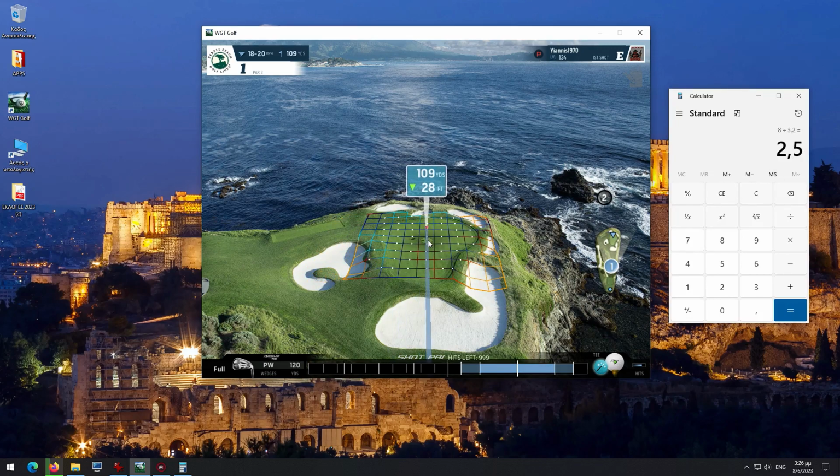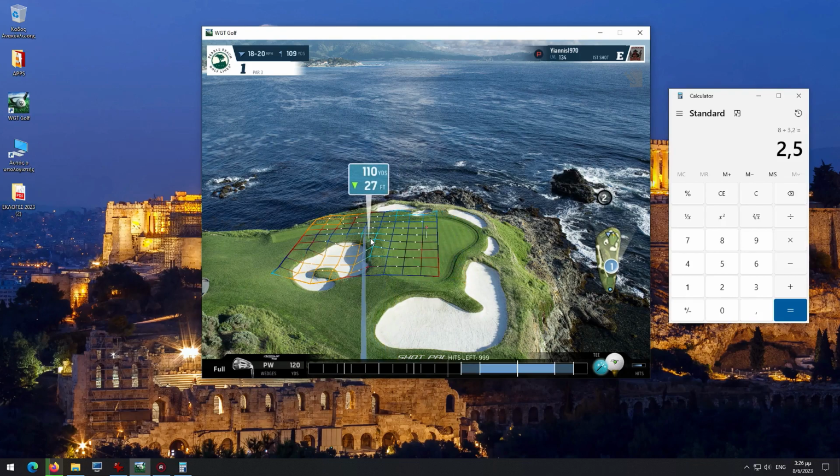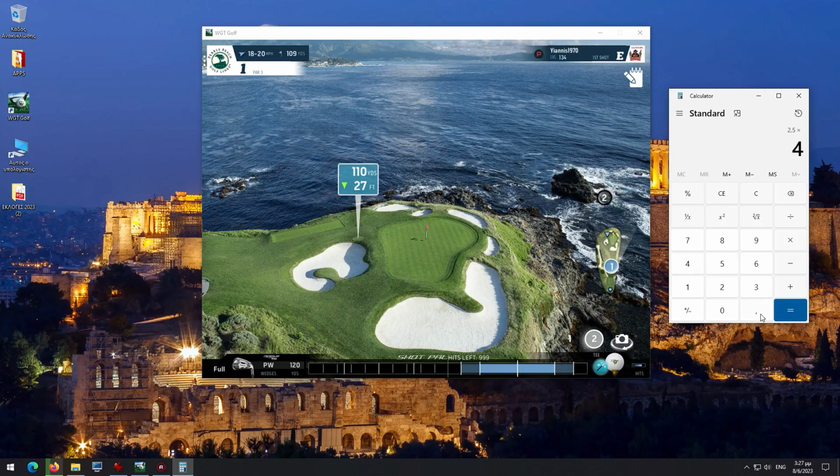So if we want to count the whole grid, we have 1, 2, 3, 4 and a half. So the whole grid is 4.5 subgrids, let's say. So we have 2.5 multiplied by 4.5, which equals 11.25.